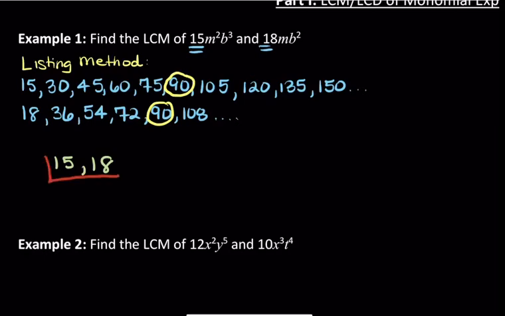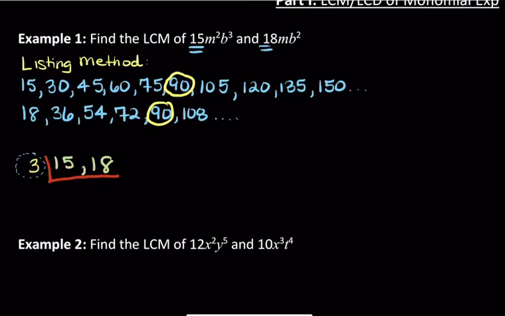You set up the numbers 15 and 18, and you have to think of a number that can divide into both 15 and 18, and you want to avoid using 1 if you can. Sometimes you have to use 1, but let's say we can think of another number besides 1. You put that number right there, and that's the number you're going to divide by.